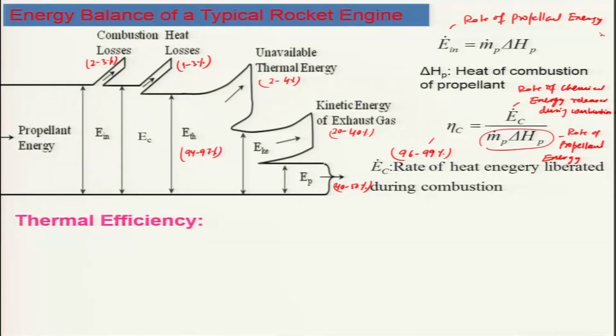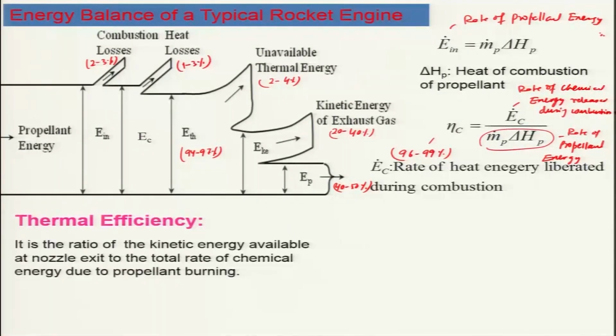Therefore, we now have to define an efficiency, the thermal efficiency. It is the ratio of kinetic energy available at the nozzle exit to the total rate of chemical energy due to propellant burning.